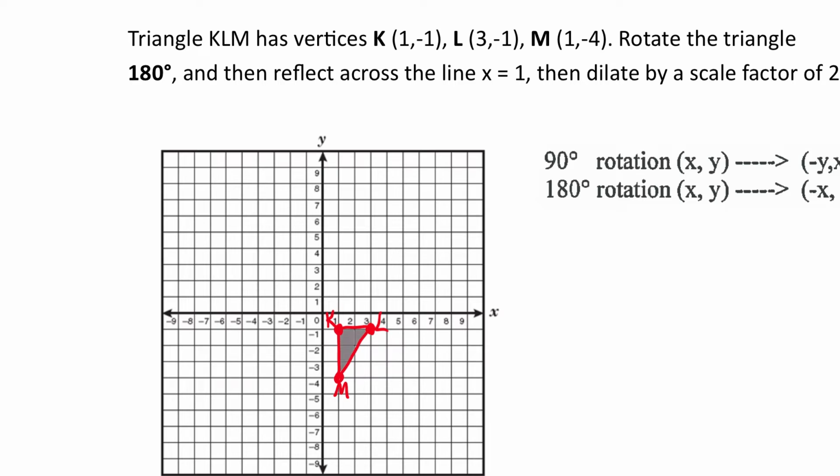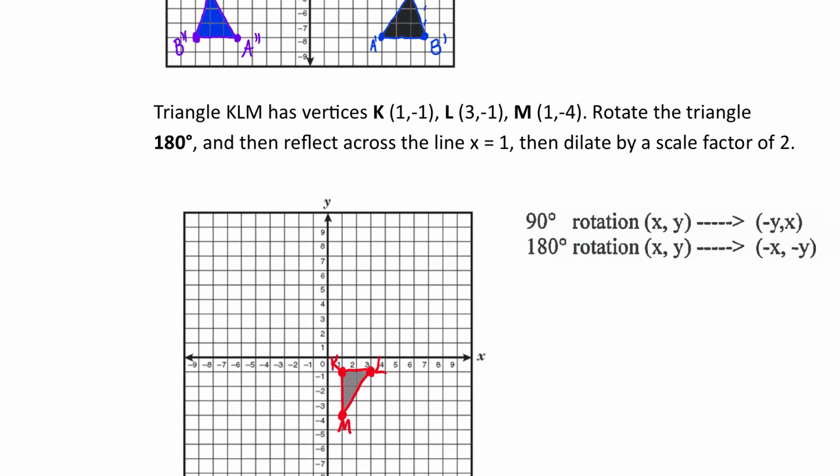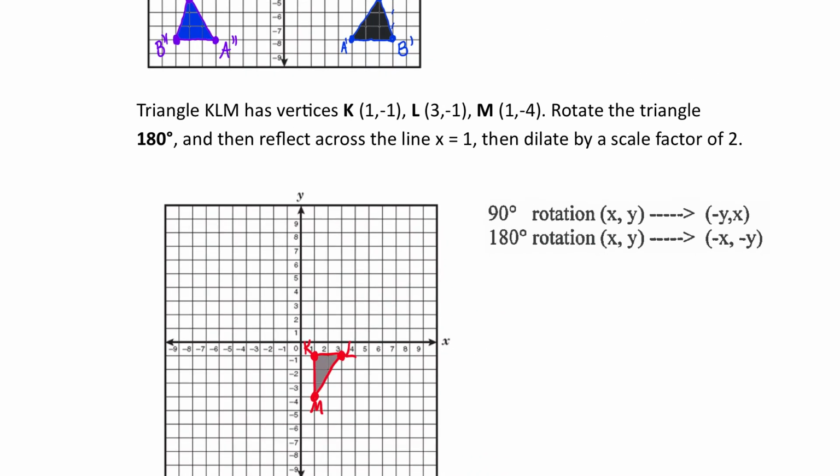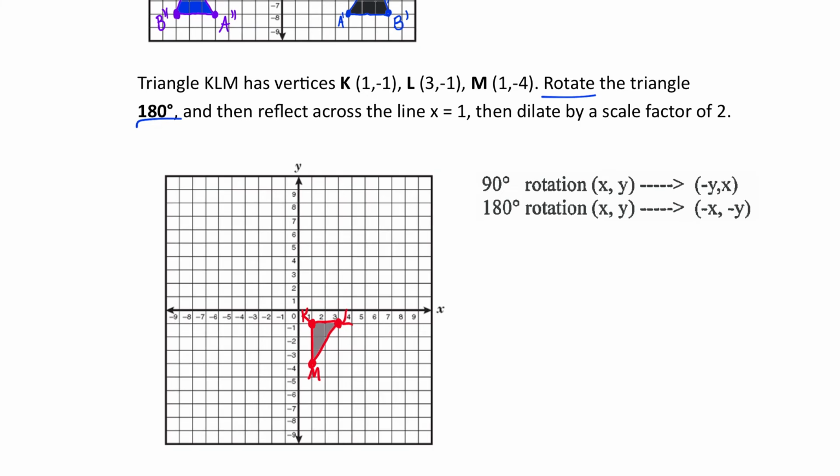All right, so there's the original one. Now the first transformation we're going to do is rotation of 180. We talked about this yesterday. So what's our rule on rotation of 180? Yep, you just switch the signs, okay?